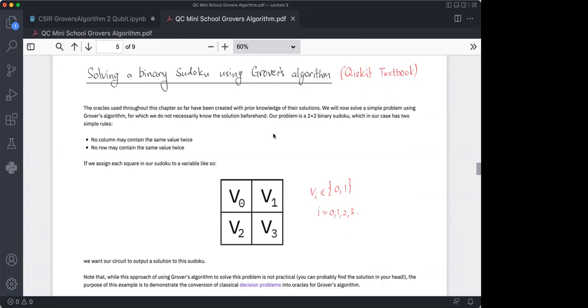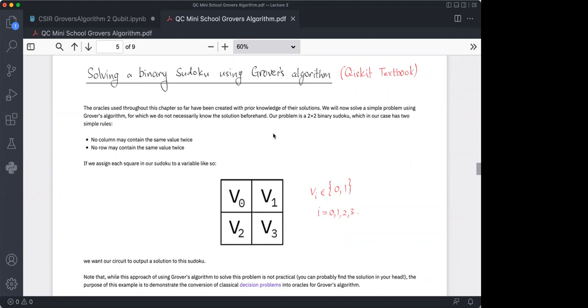When our database is just computational basis states, we have knowledge of what we're looking for and how to construct the oracle. But there are many problems in which we don't know what we're looking for, but we have an unstructured database and conditions which the winner state should satisfy.